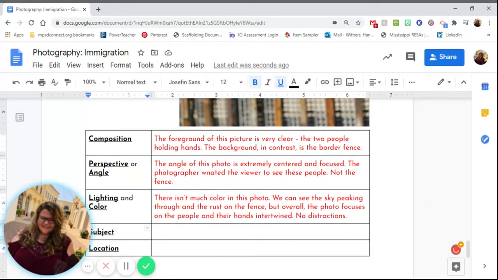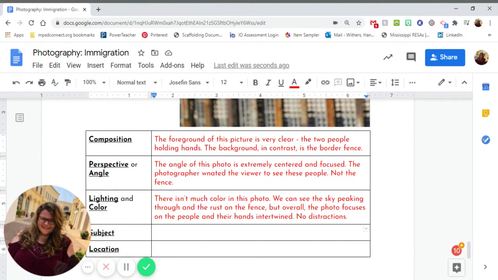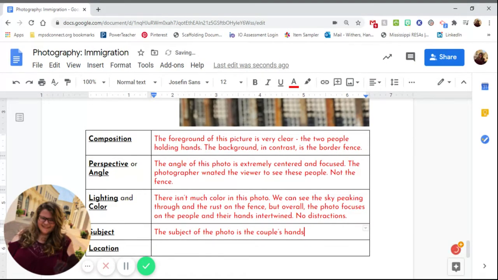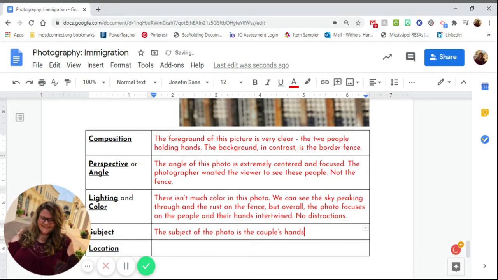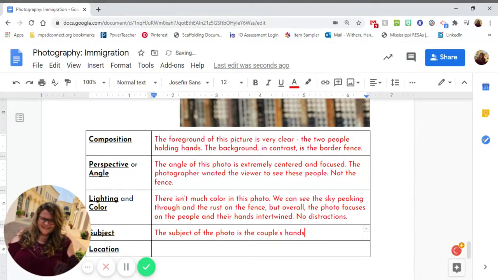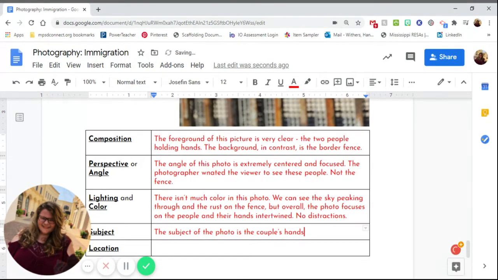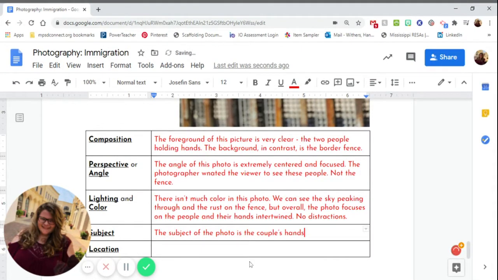All right, our subject. In this, our subject's not really people, it's their hands, right? So the subject of the photo is the couple's hands. And the photographer took great care to not allow other parts of the photo to overshadow the subject, which is true.